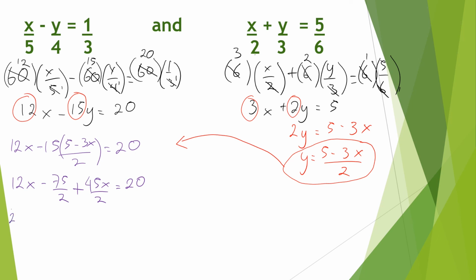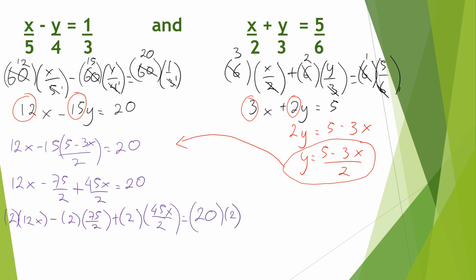Yes, 2 times 12x. Why? Because we want to make the denominator go away, so we are not confused. But remember when you multiply by 2, all terms must be multiplied by 2.